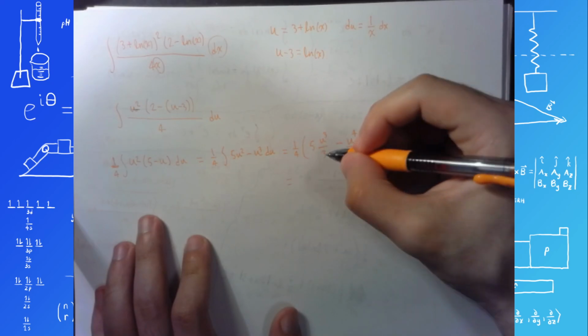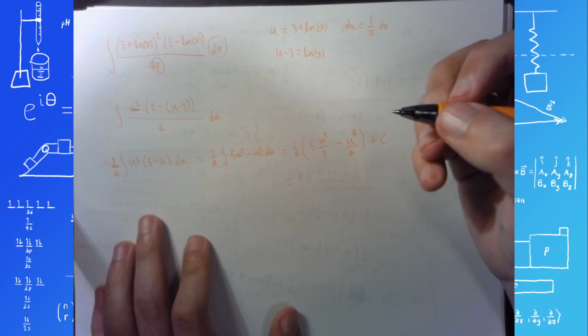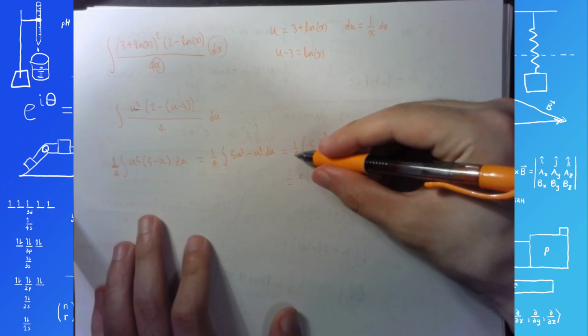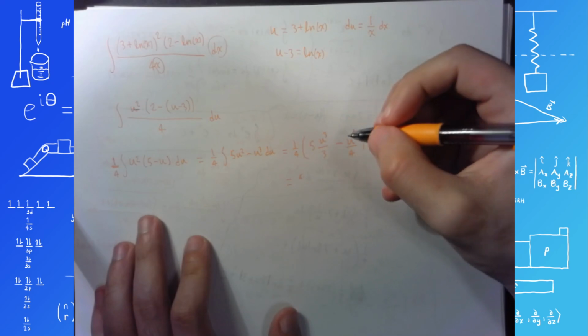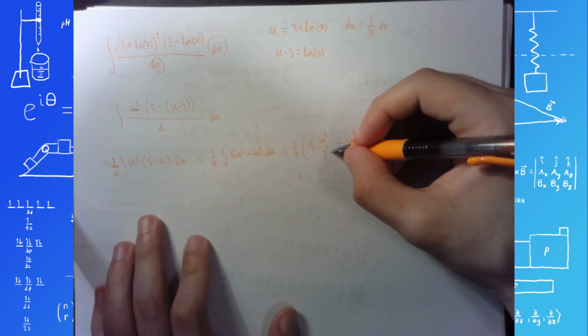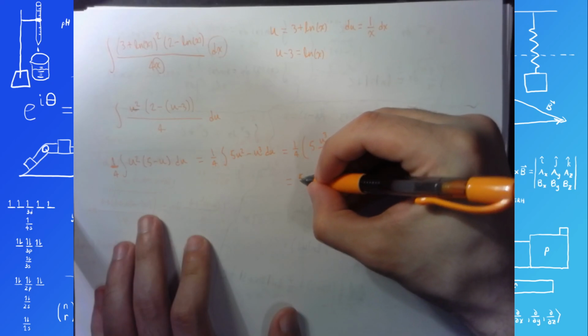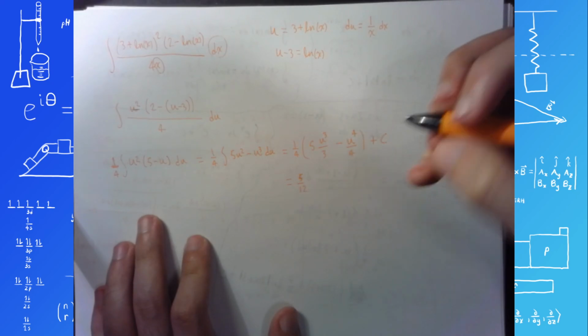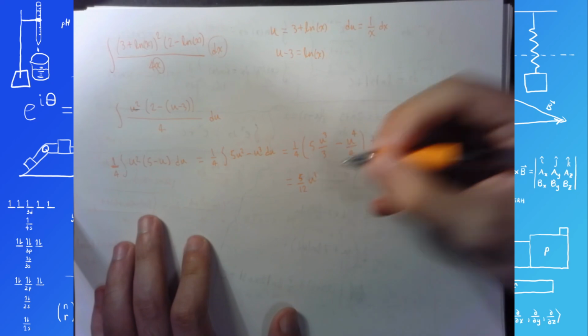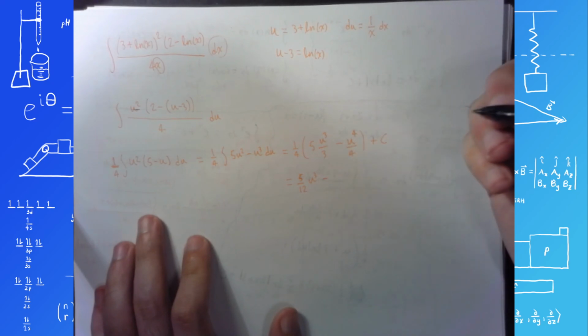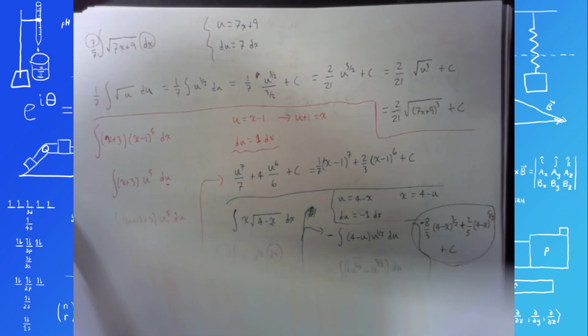So that's, wait, 5 over, let's see, 1/4 times 5 over 3, that's 5 over 12. Yeah, that doesn't reduce by anything. 5 over 12 u cubed minus, actually, wait a minute, did I?